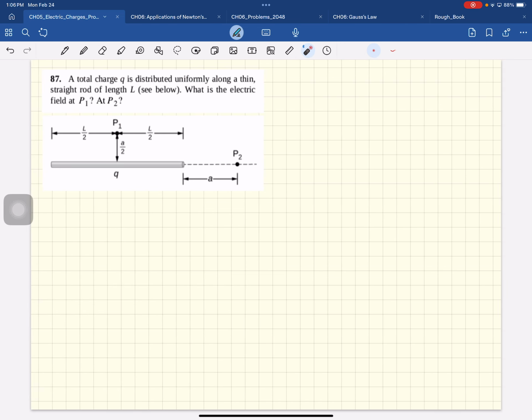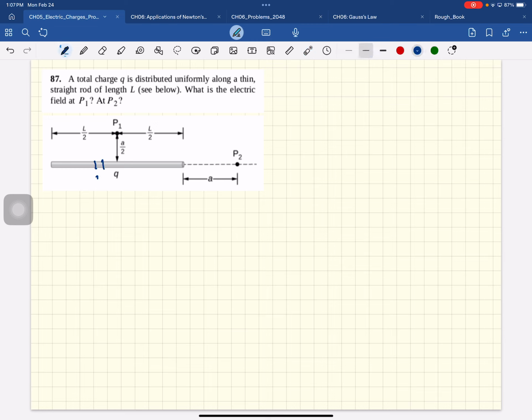All right, let's do one more problem. This problem says a total charge Q is distributed uniformly along a thin straight rod of length L. So this is uniformly distributed.